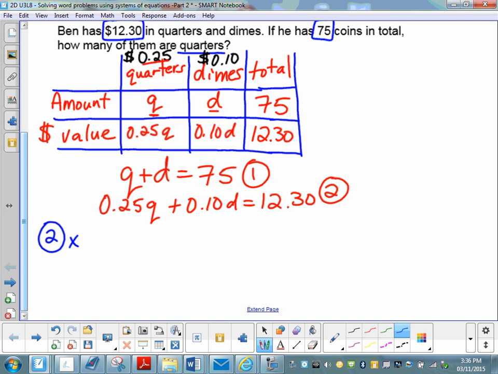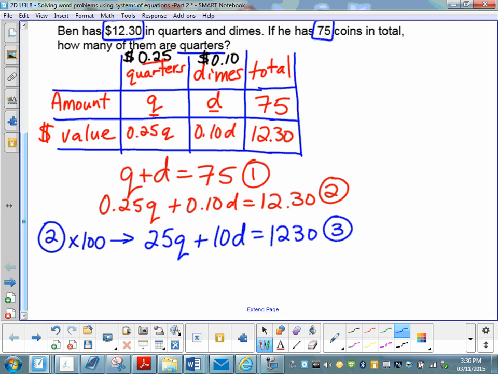So equation 2 has 2 decimal places, so I need to multiply each term by 100 to clear those decimal places. If I multiply 100 times 0.25, that's 25. If I multiply 100 times 0.10, I get 10. And if I multiply 12.30 by 100, I get 1230. So there's equation 3.